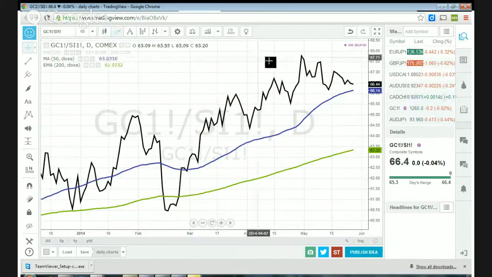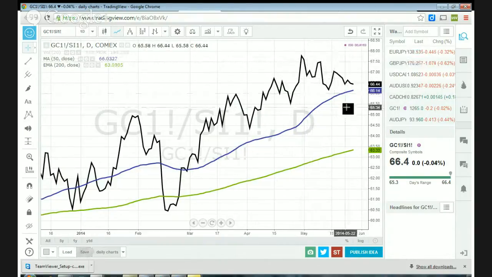However, we still are below the recent highs we made in the gold-silver ratio. So one way of trading this, if you're thinking about it, is shorting gold, long silver.